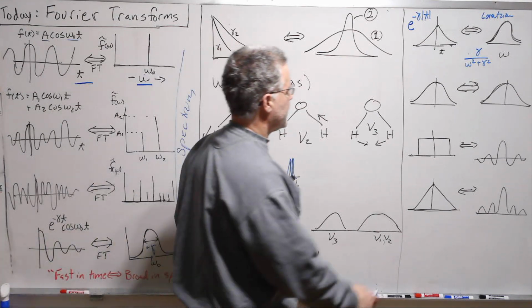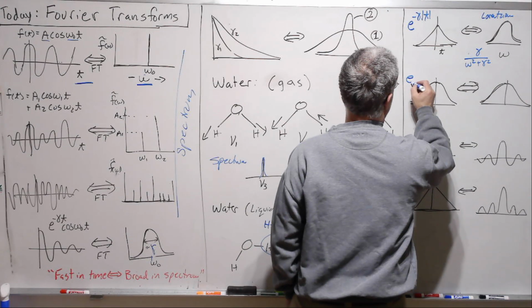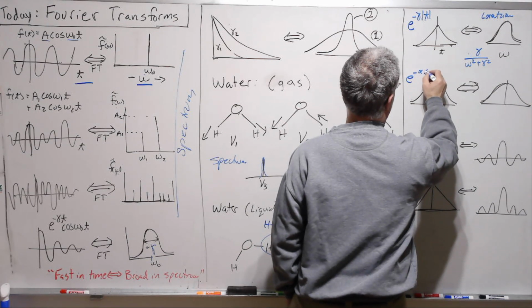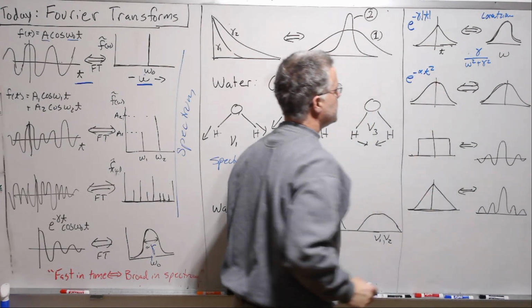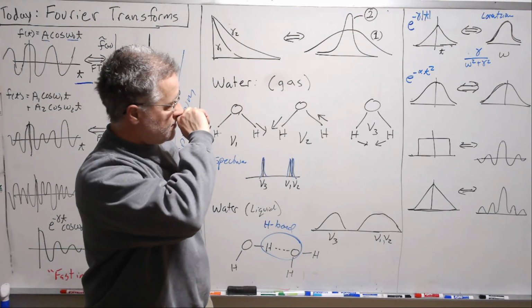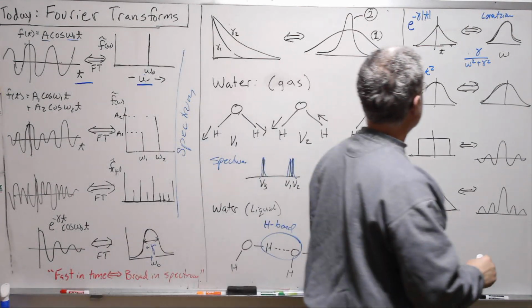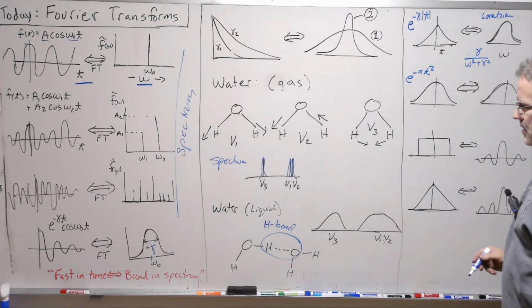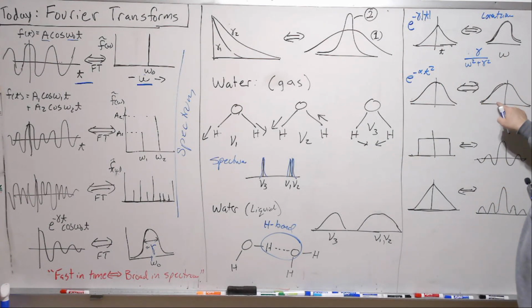Now, if we have a Gaussian, this is a unique one. This is also a Gaussian.